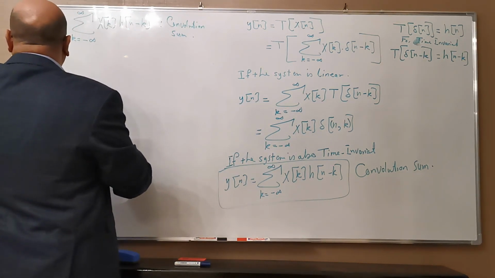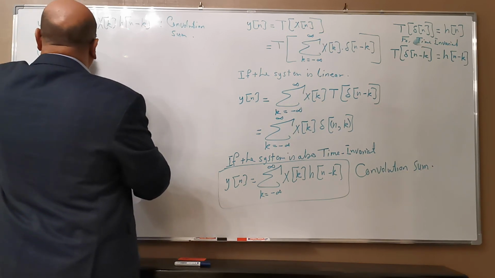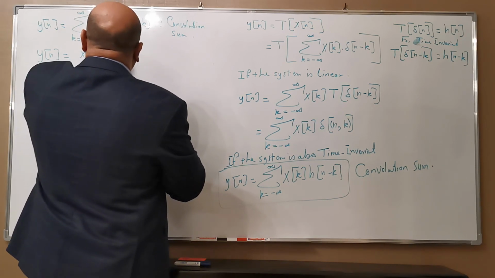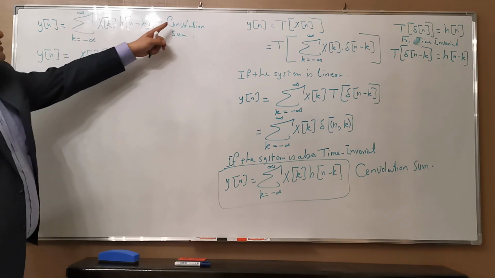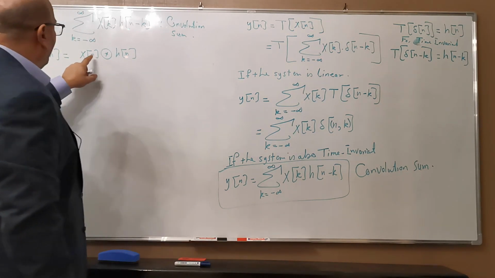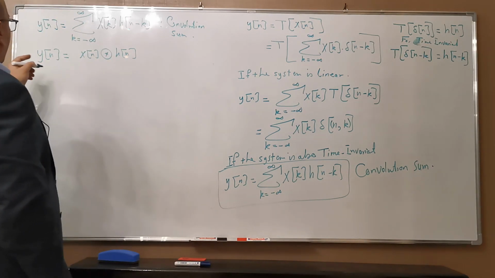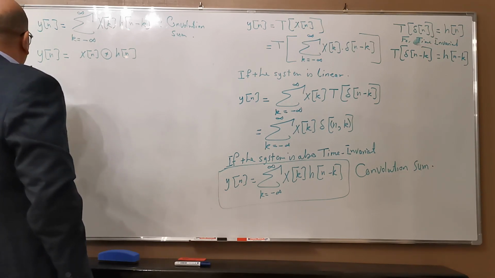Symbolically, it is x of n star with the circle h of n. So this star with the circle means you are performing the convolution sum over x and h at the same time.